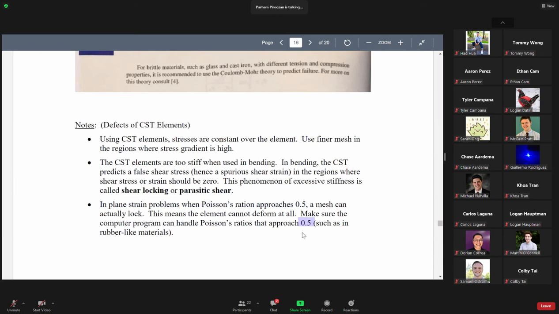Otherwise, the program can stall or cannot handle these situations. Materials such as rubber and elastomers have a Poisson's ratio that approaches 0.5. So we have to make sure that the program can handle cases where Poisson's ratio is close to 0.5, especially for plane strain problems. For plane strain problems, we run into this difficulty.